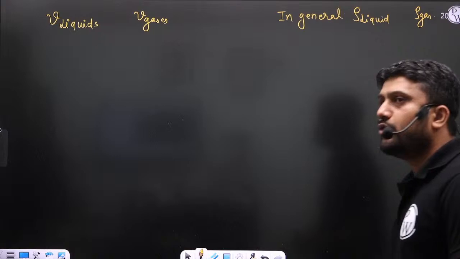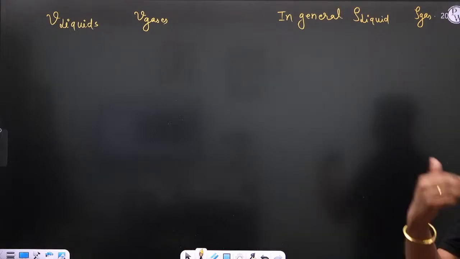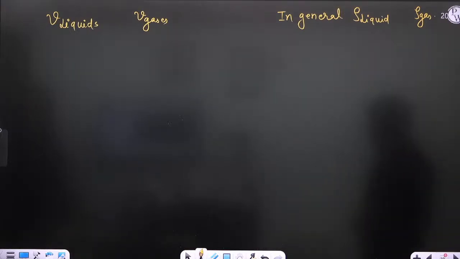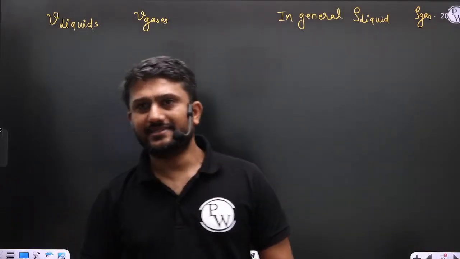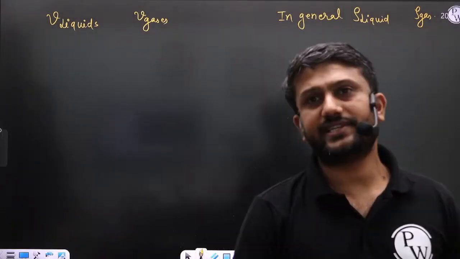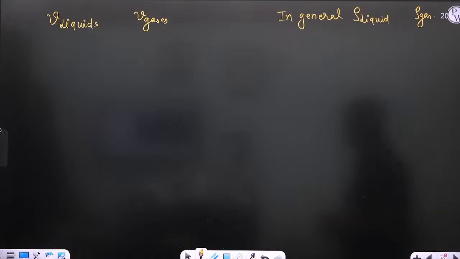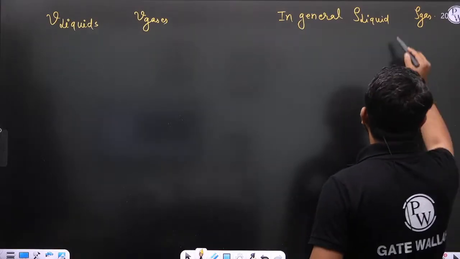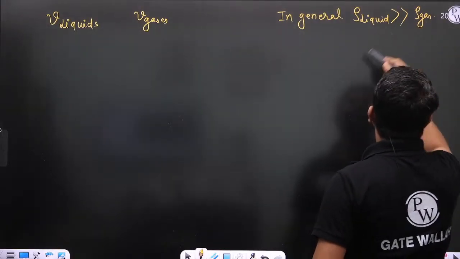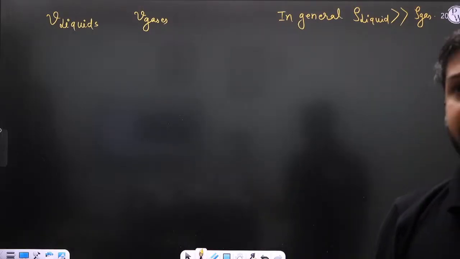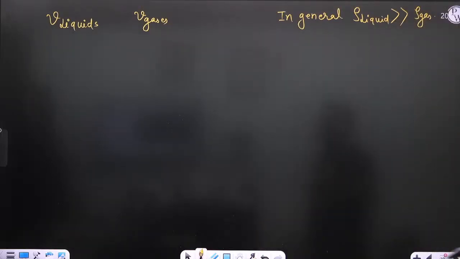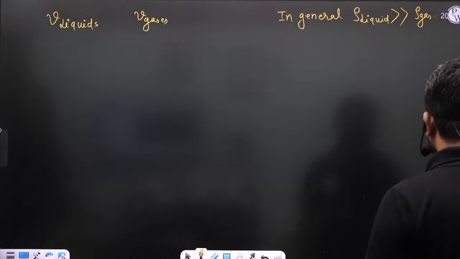Liquid density is more as compared to the gas density, or gas density is more as compared to the liquid density, or liquid density and the gas density are almost equal? No, right? We know that liquid density is more as compared to the gas density, right?